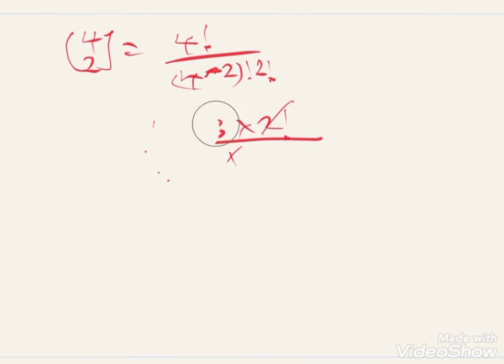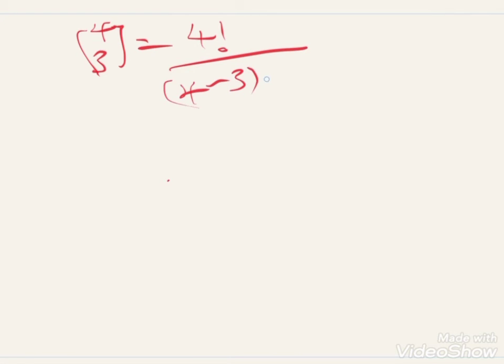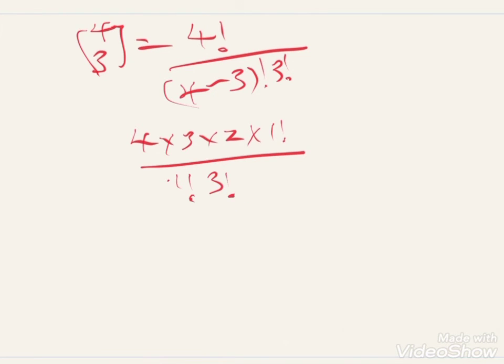We clean for us to have 4 combination 3. Let's see how. We have 4 factorial over (4 minus 3) factorial times 3 factorial. Now 4 factorial is 4 times 3 times 2 times 1 factorial, all over 4 minus 3, which is 1, so 1 factorial times 3 factorial. We can strike out the 1 factorial, since it changes nothing.